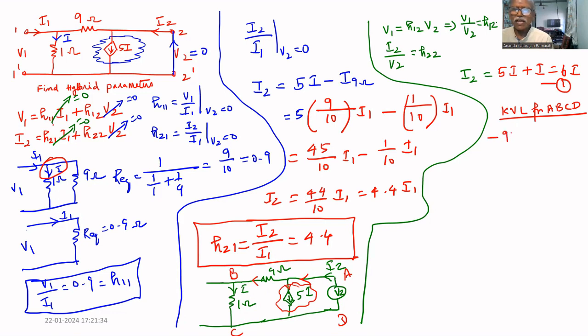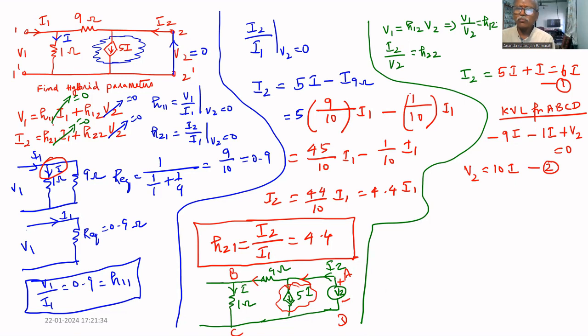Therefore, minus 9I2. What is the current through 9 ohm? Current through 9 ohm is I. Minus 9I minus 1I minus 1I plus V2, because we are traveling from negative to positive. Therefore, plus V2 equal to 0, or V2 equal to 10I. Let it be the second equation.